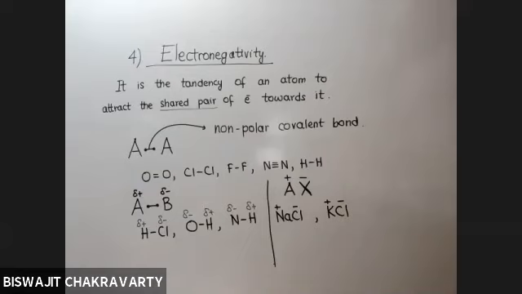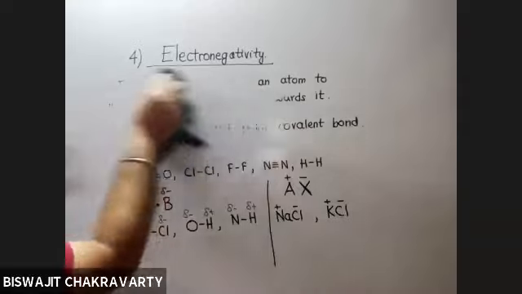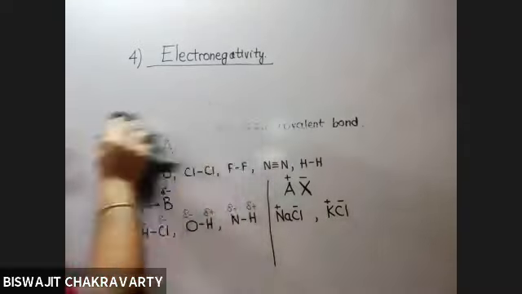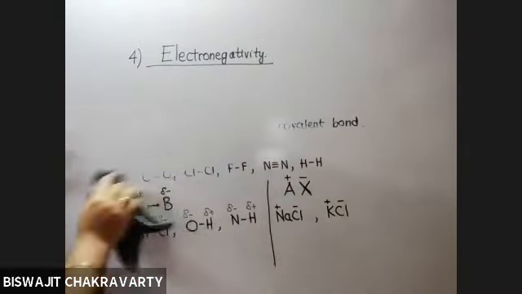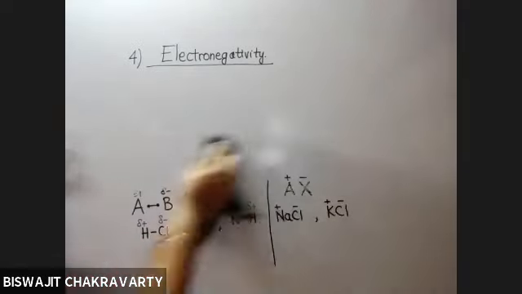Covalent bond is formed when the electronegativity difference is either too low or not there at all. And covalent bond is further subdivided into two types, non-polar covalent bond and polar covalent bond. So this relative tendency of atoms helps us to understand the nature of the bond.